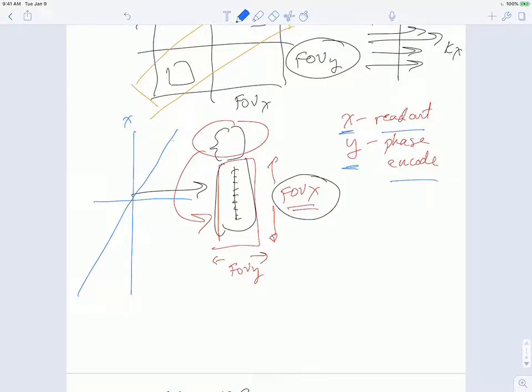That's just the standard definition that we have. And the x is what's called a logical coordinate system, so the x can be any direction. There's also physical x and y, which is the magnet's x and y. And so in MR, there's always this translation between your logical coordinates and the physical coordinates. So there are a lot of rotation matrices in MR machines.